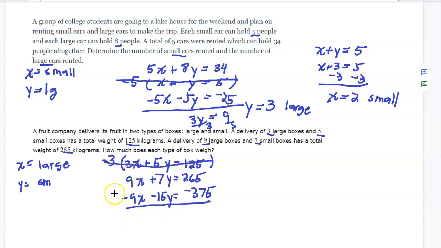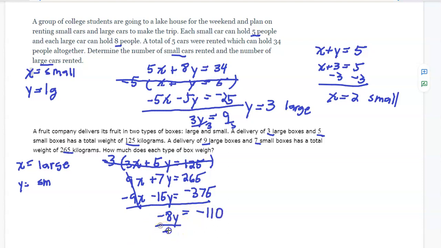Okay, combining these two equations, the x's go away. 7y minus 15y is -8y. 265 minus 375 is going to be -110.